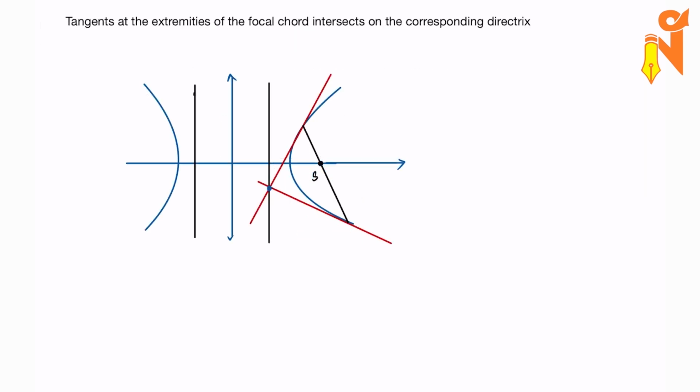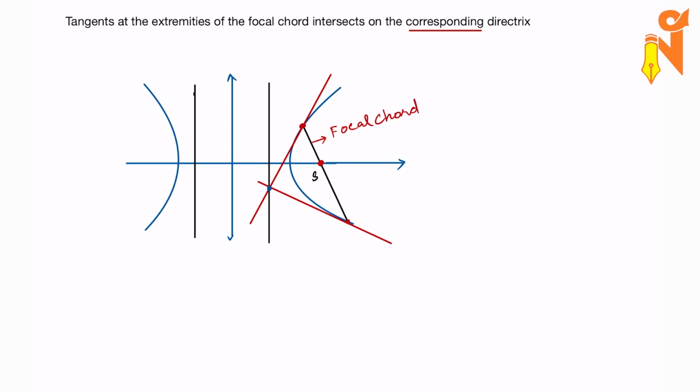Our second property: tangents at the extremities of the focal chord intersect on the corresponding directrix. What it means is, the line that passes through the focus is nothing but the focal chord.